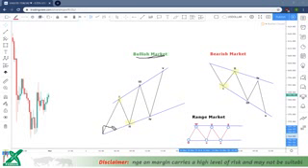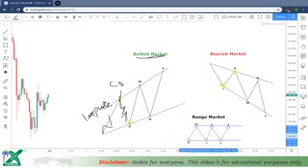This move which we are getting is called an impulse. And the second move, which we get in the form of a corrective structure, is called a correction. Corrective structure.